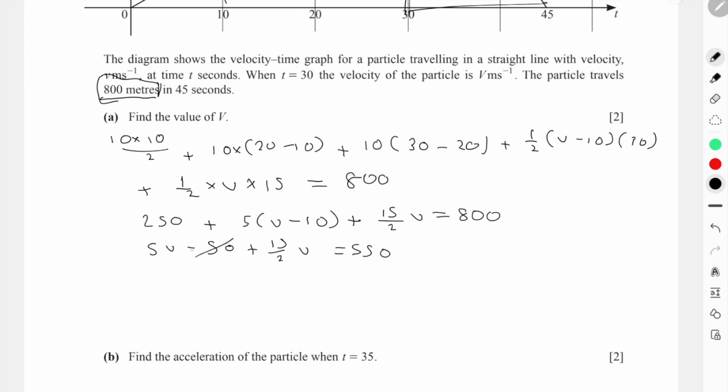And then let's transpose this to this side. So 5 plus 15 divided by 2 is 25 by 2 v, and this is 600.